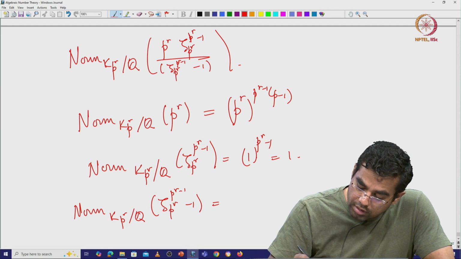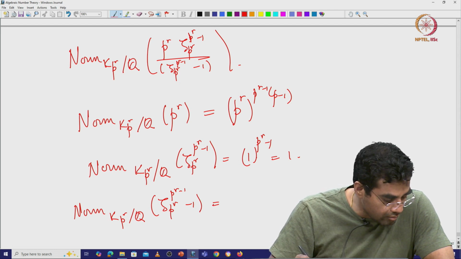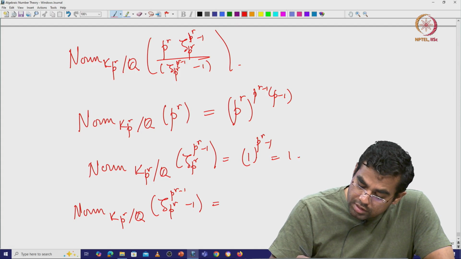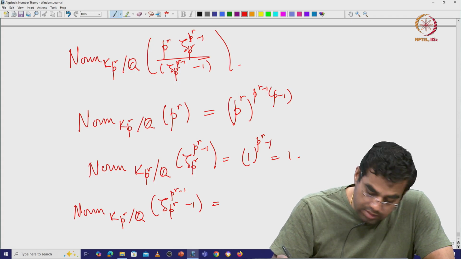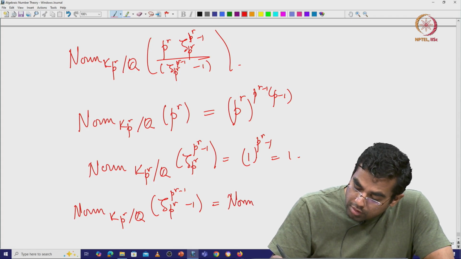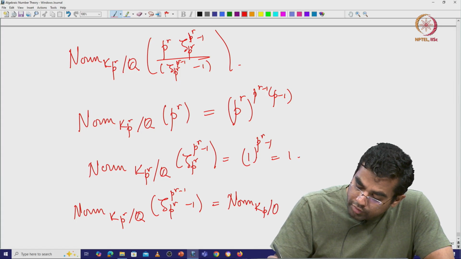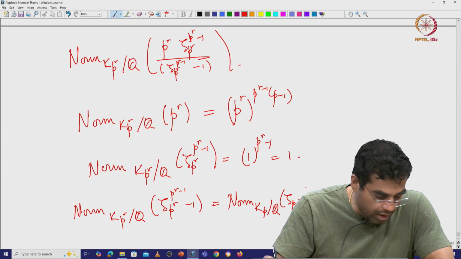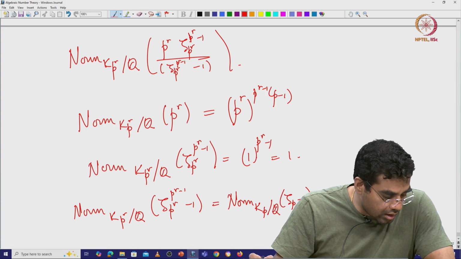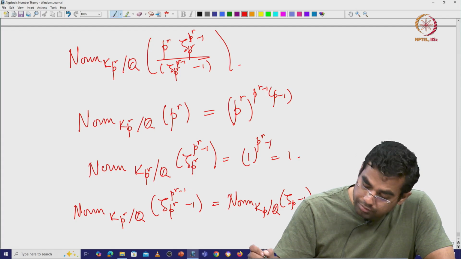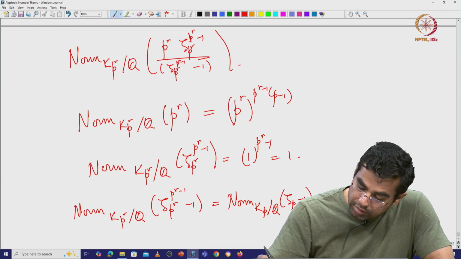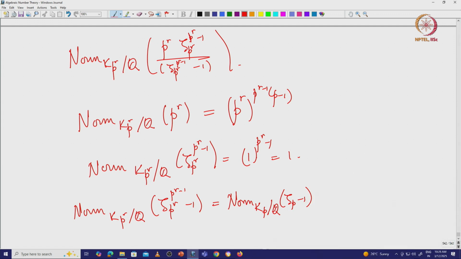You see, this thing is the same as the norm from K_p over Q of ζ_p − 1, to the power... okay, maybe let me write it in 2 steps.